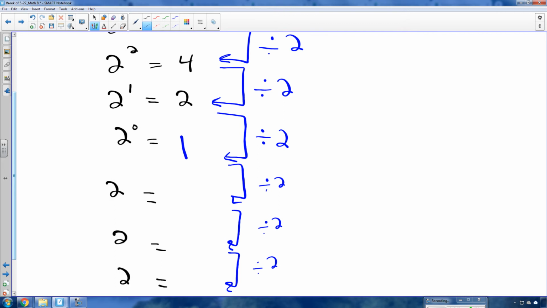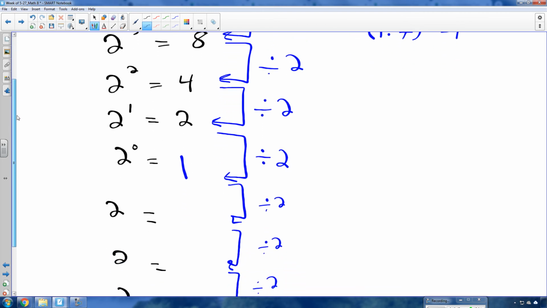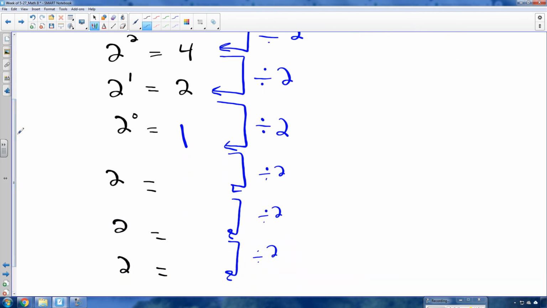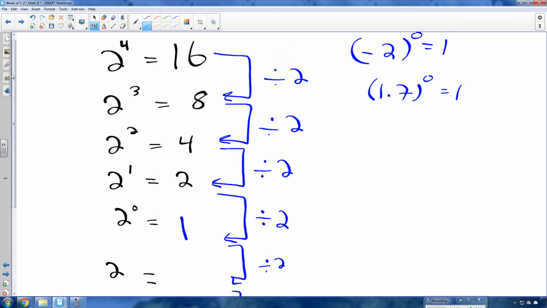We had 4, 3, 2, 1, 0. So what should this be? That should be negative 1, shouldn't it?